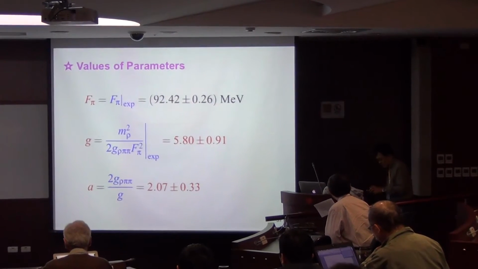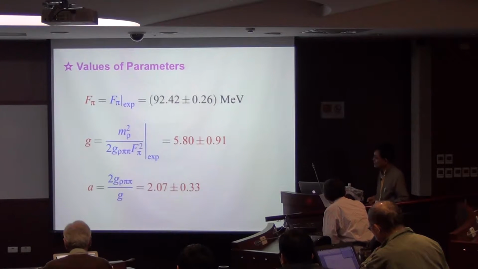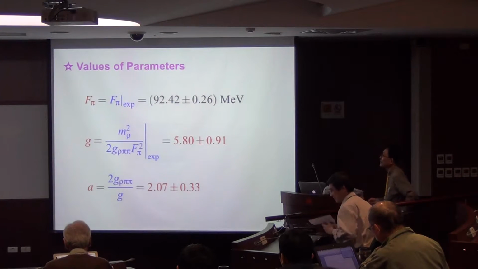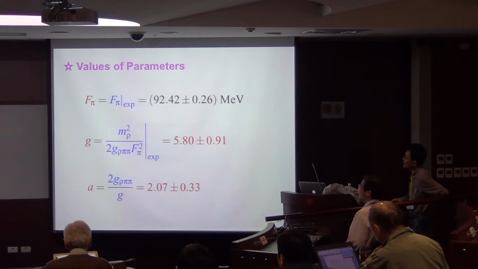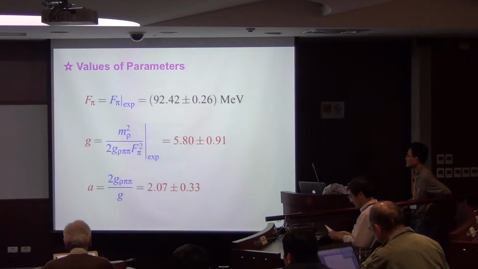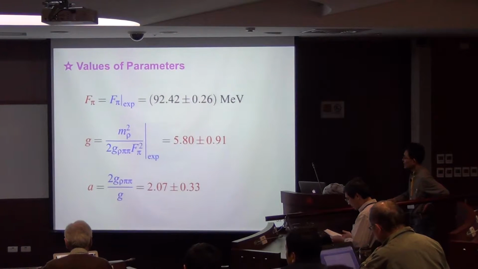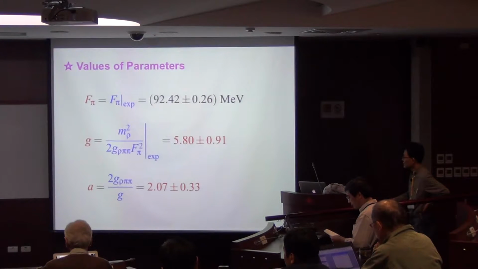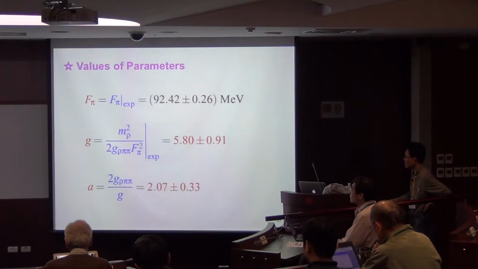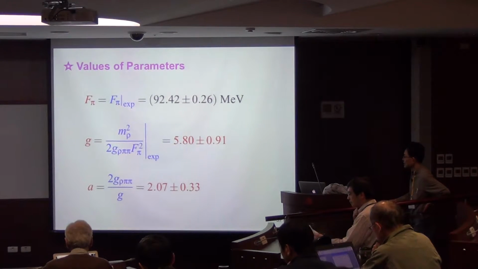Okay, let me show the determination of the value of the parameters. For phi, I use just the experimental value, and the gauge coupling g and the parameter a are determined in this way. I use the rho pi pi coupling and the pi squared and rho squared as experimental values to determine the gauge coupling.